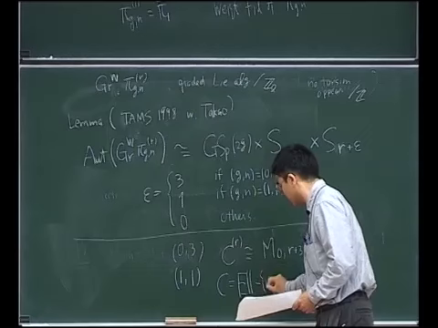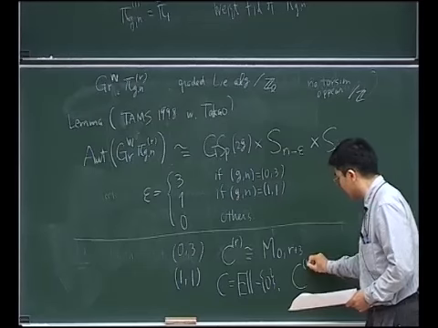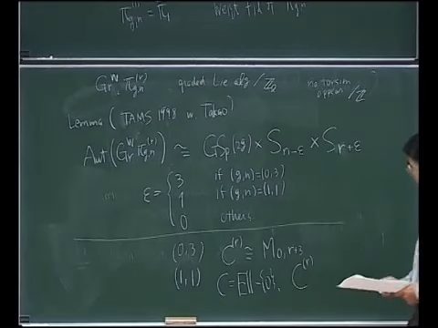And in the case of 1,1, in this case C is an elliptic curve minus 1 point.